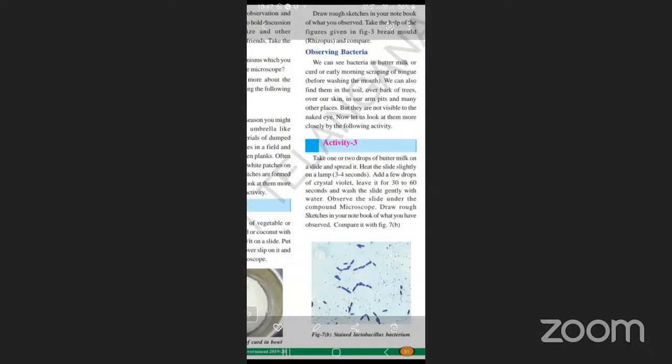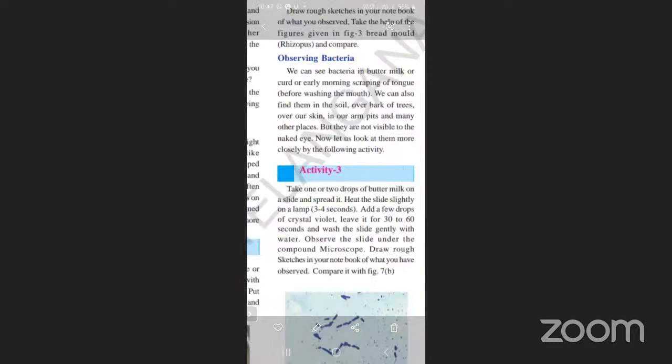So in soil also many bacteria are there. Over the bark of trees, over our skin, in our armpits, and many other places. That is a source of bacteria. But they are not visible to the naked eye, because they are very small microparticles.